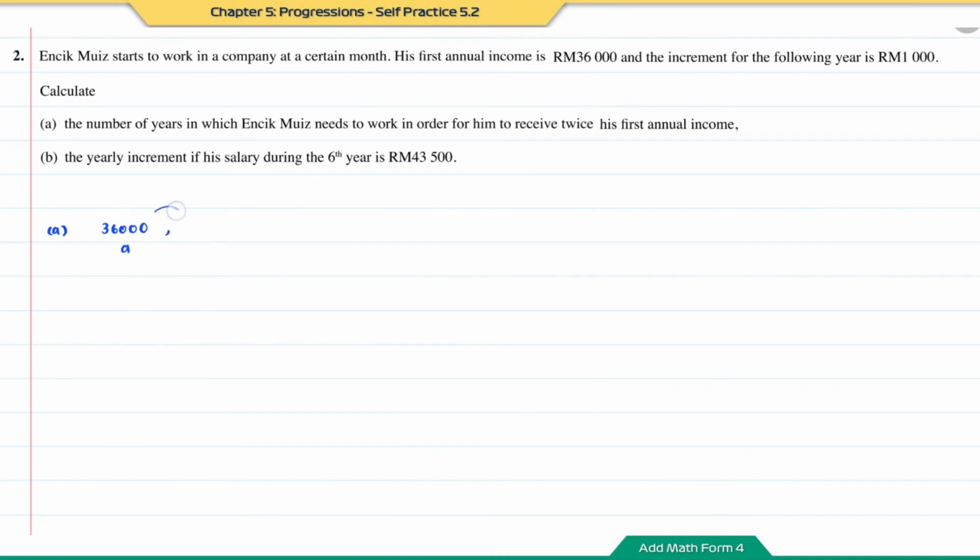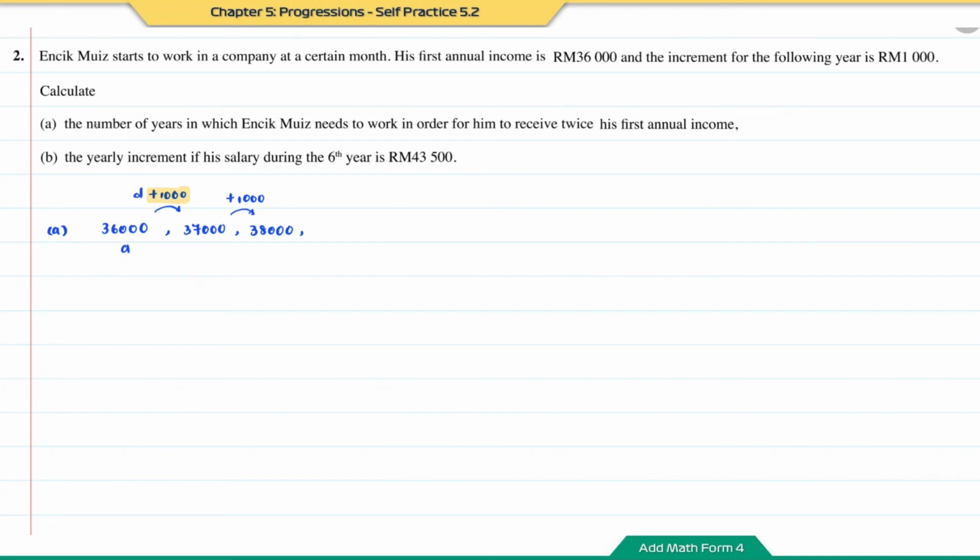The second year, with an increment of 1,000, is 37,000. The third year, adding another 1,000, becomes 38,000. So it forms an arithmetic progression, and this 1,000 is the common difference, d.